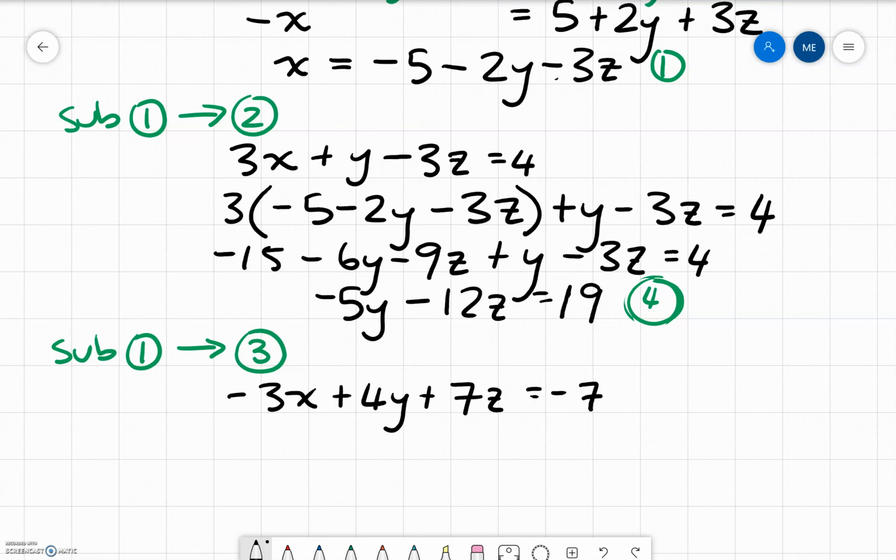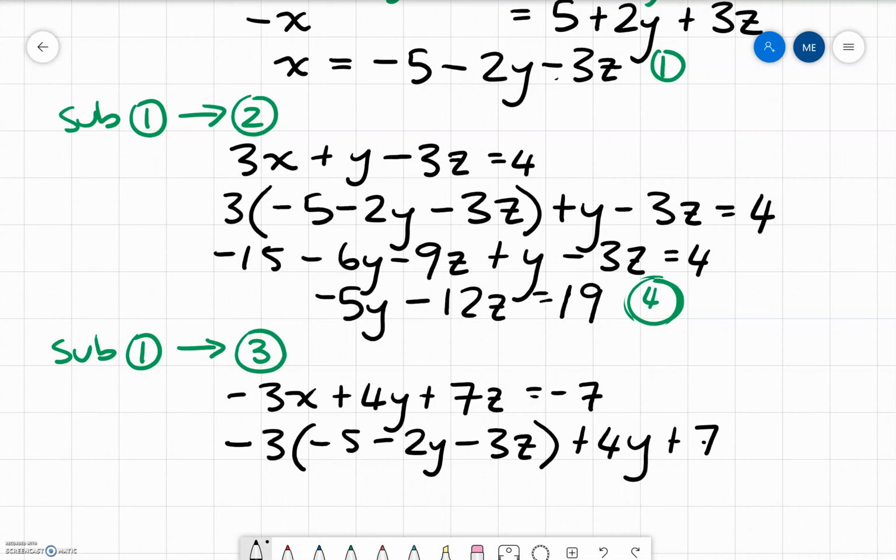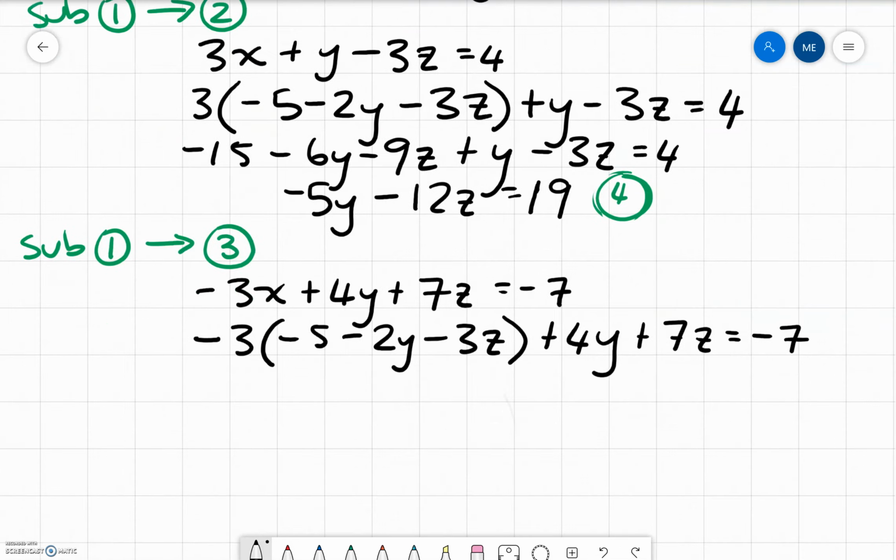So that is negative 3 lots of negative 5 minus 2y minus 3z plus 4y plus 7z, which equals negative 7.